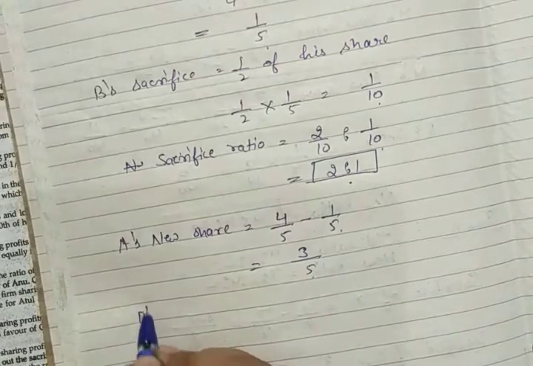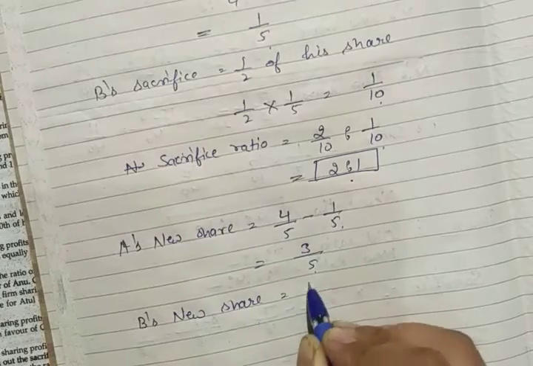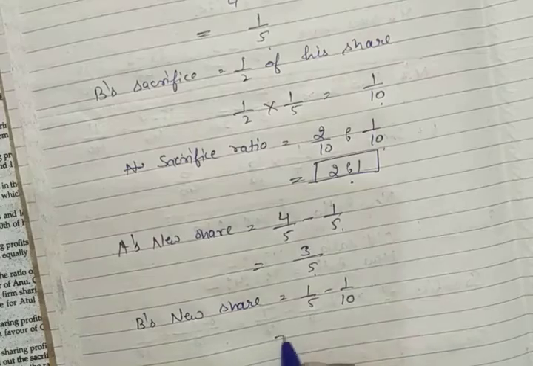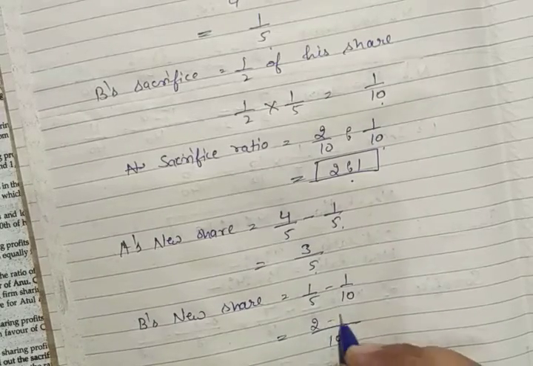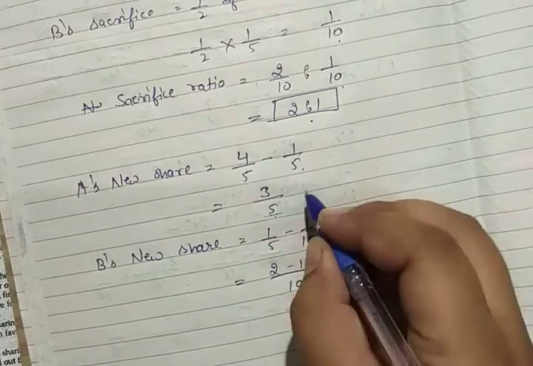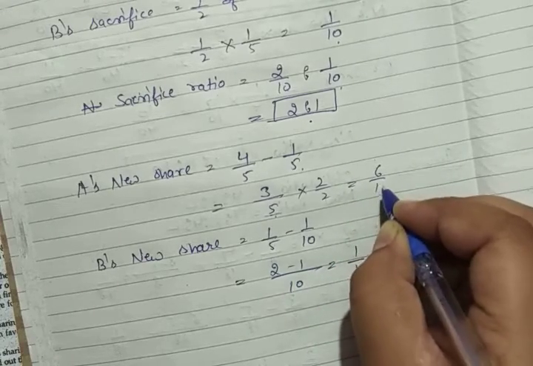And for B's new share, we will do the same thing. It will be 1 by 5 less 1 by 10, and it will be 2 minus 1, 1 by 10. Okay. So now we need to convert this into 10 also to find out the new ratio. So I will multiply here 2 by 2. This becomes 6 by 10.